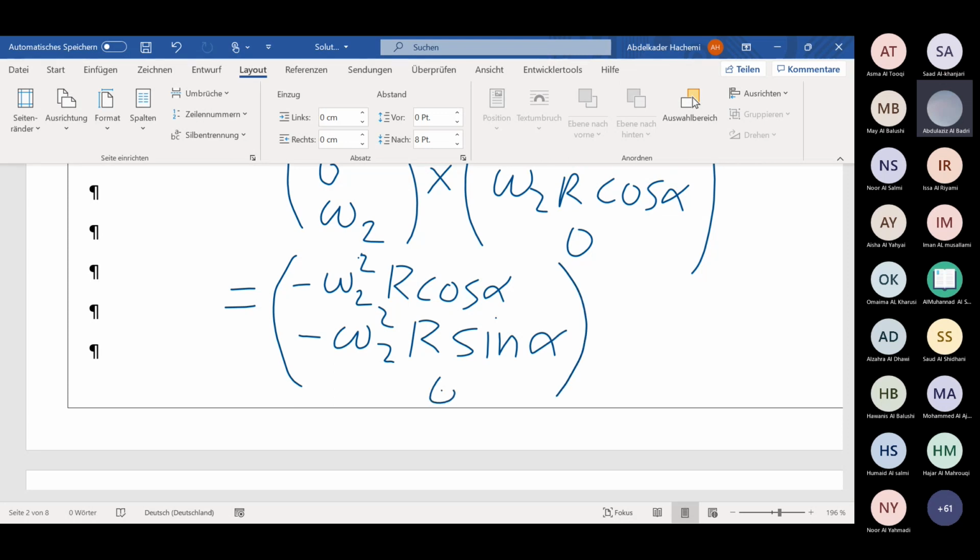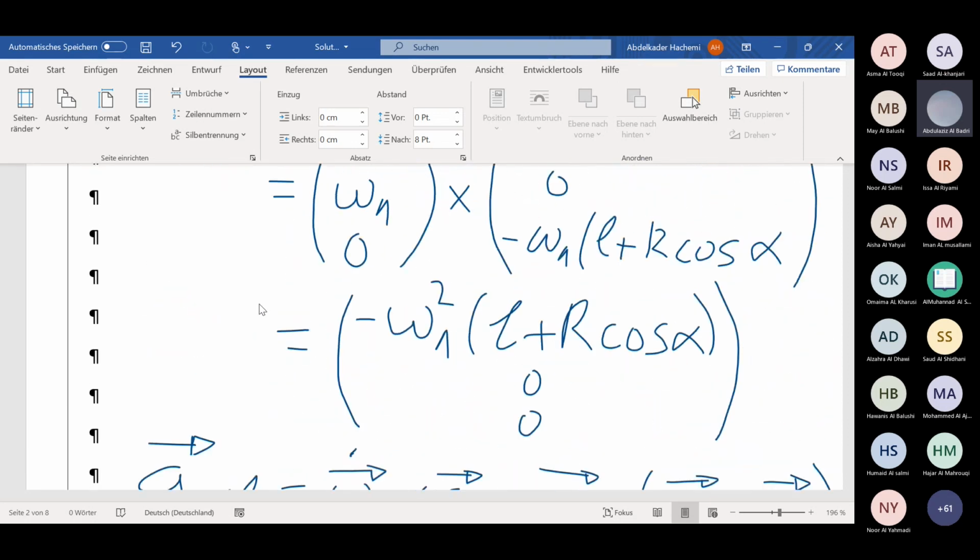And the third component is 0. Okay, now we have the frame acceleration and the relative acceleration.